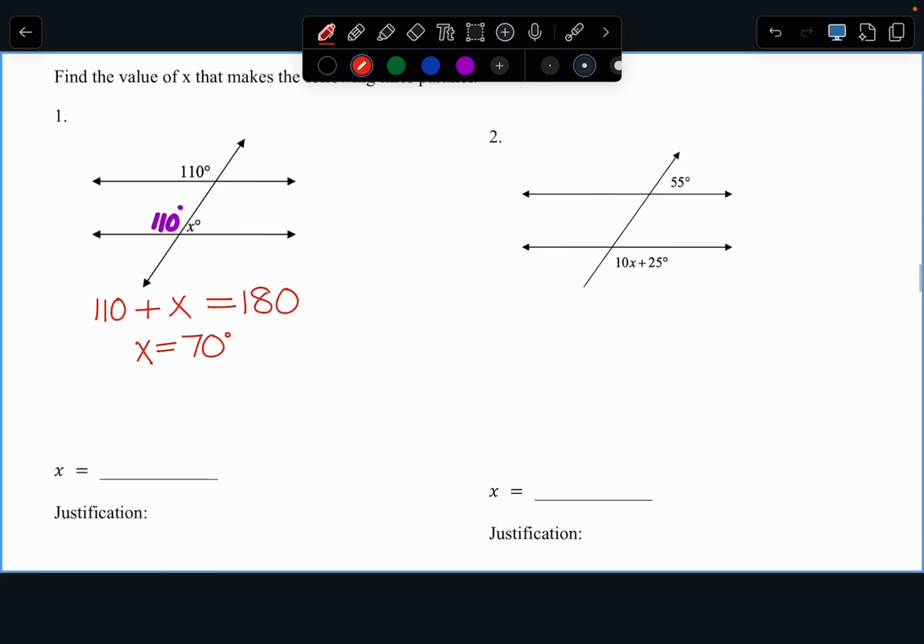So here, x is 70, and the justification, we have corresponding angles are congruent, and we have the linear pair theorem, and those put together means that we have parallel lines.